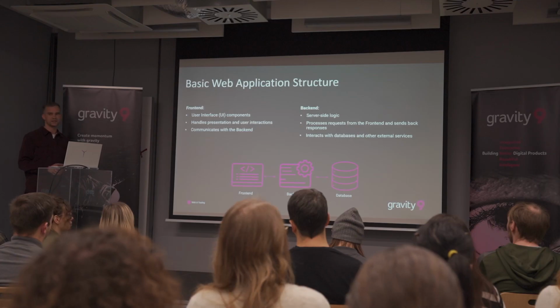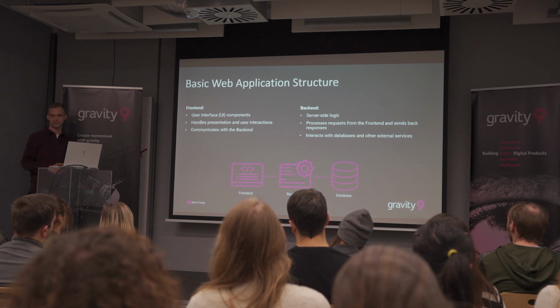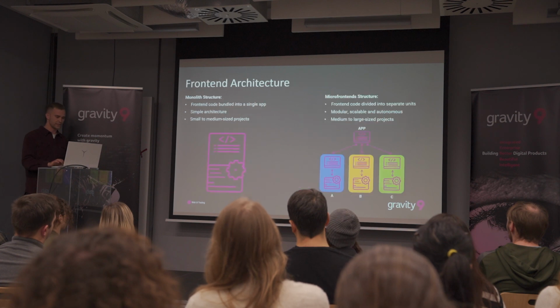The backend handles the application business logic. It's responsible for processing the requests from the front end, which is the really basic definition of the API. And as I said before, it might interact with the databases and other external third-party services.